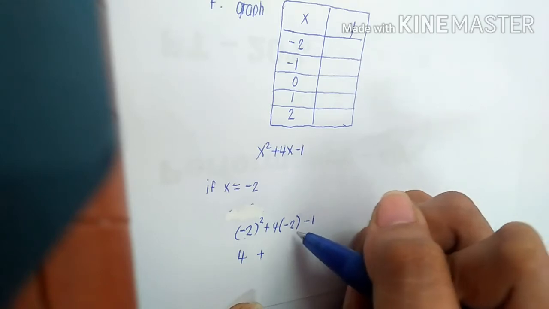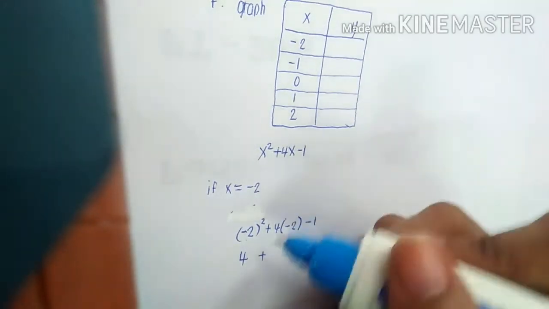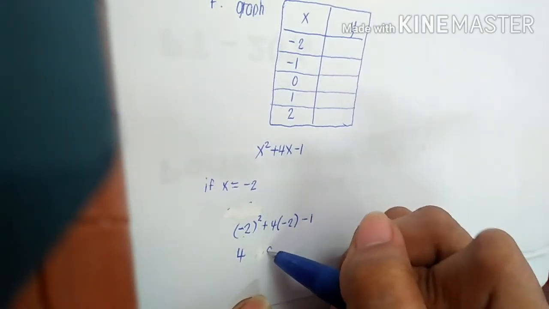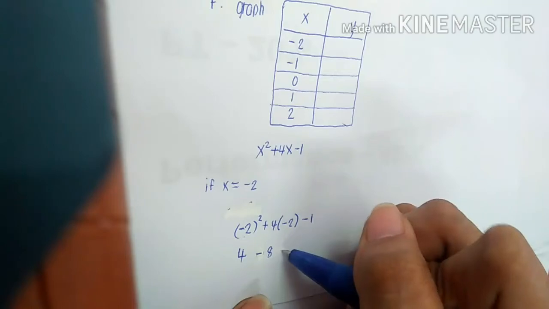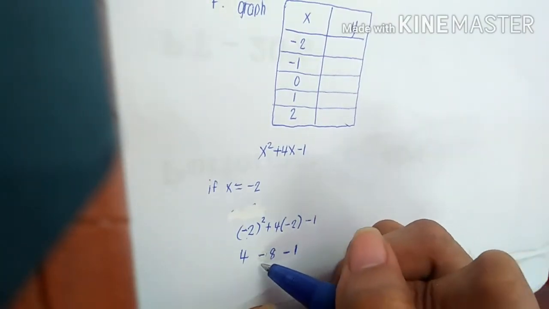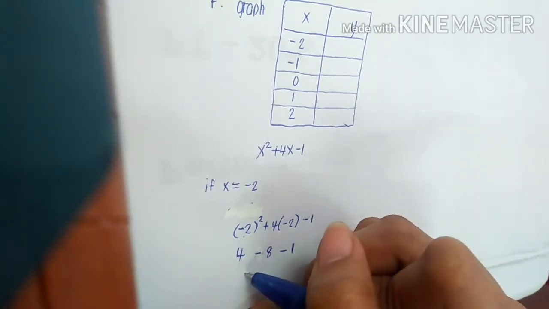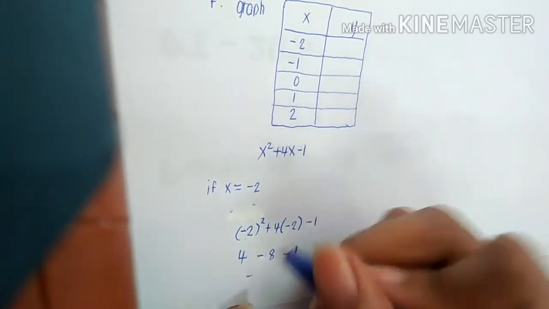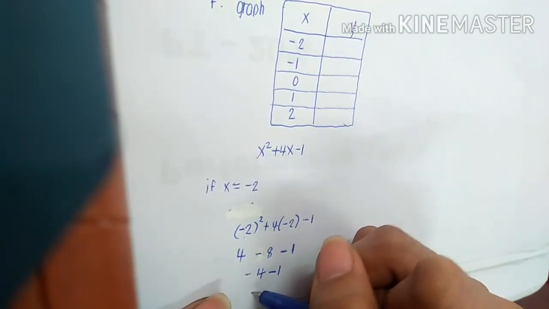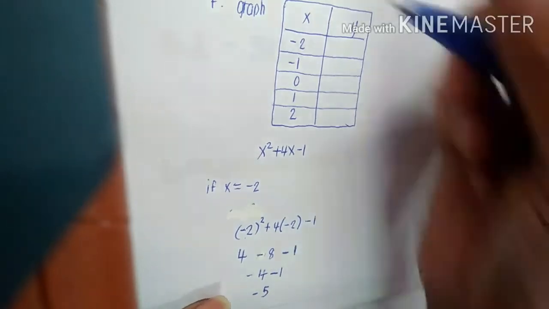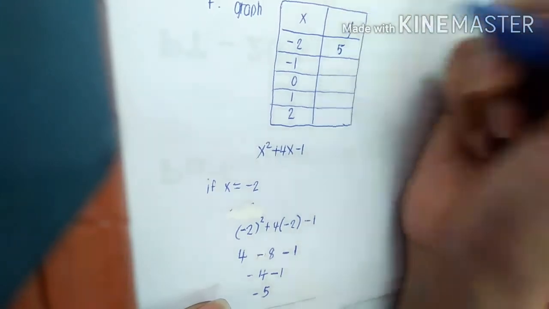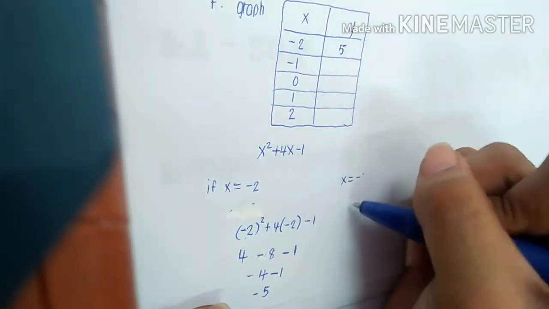Plus 4 times negative 2, so this will be negative 8. Minus 1. So 4 minus 8, this will be negative 4. Minus 1. So this will be negative 5. So we have here the value of negative 2 is negative 5.